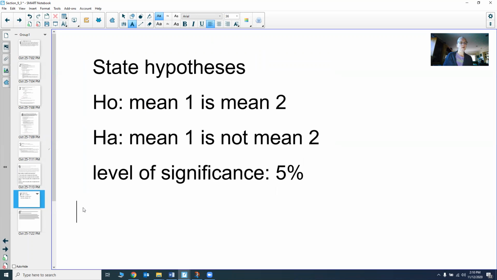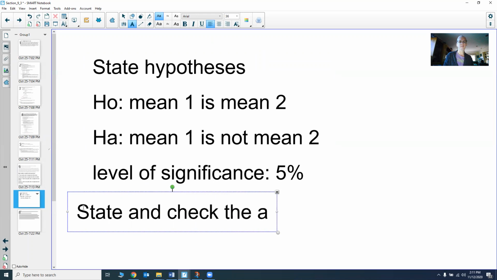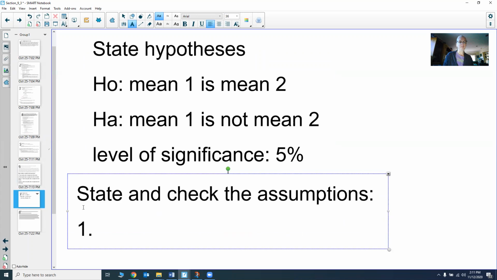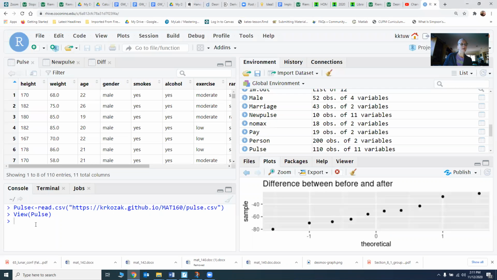Okay, so now we can go ahead and state and check the assumptions. My first assumption is a random sample. Now I don't know how many there are, so I don't know the size of my sample. I can come back over here to R and figure it out.